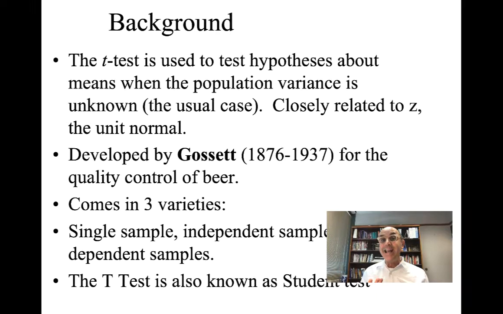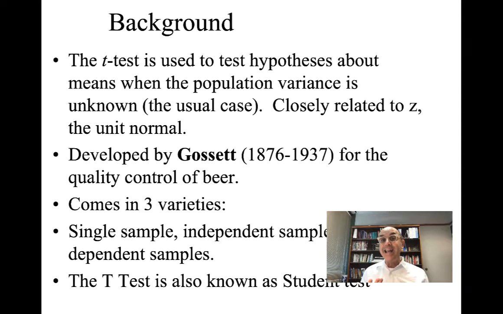It was developed by Gosset in 1876, and he used it to control quality in beer production. He tried to measure three variables: a single sample, independent samples, and dependent samples in the idea of the test.